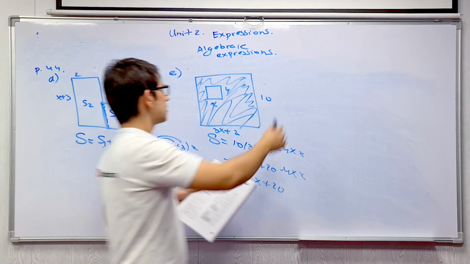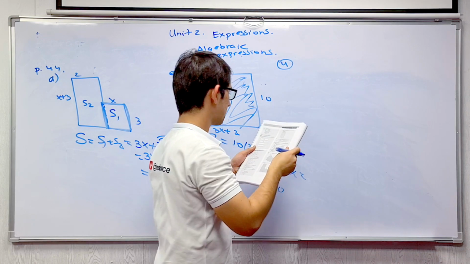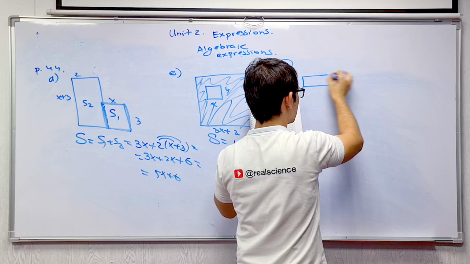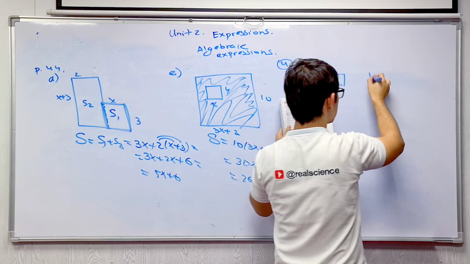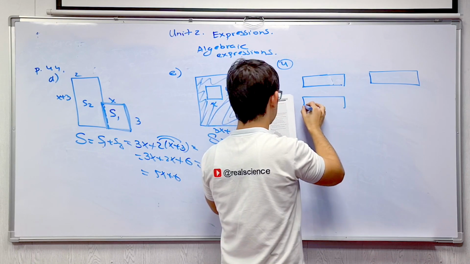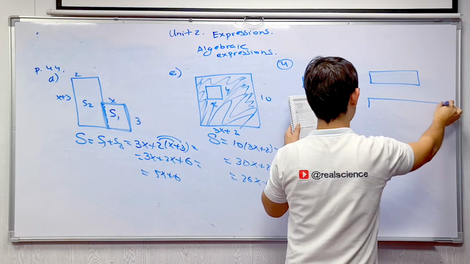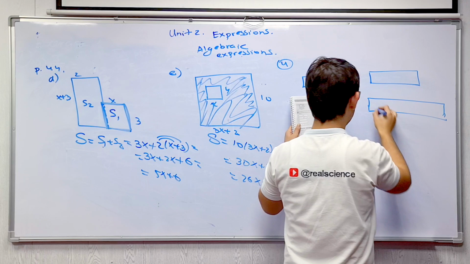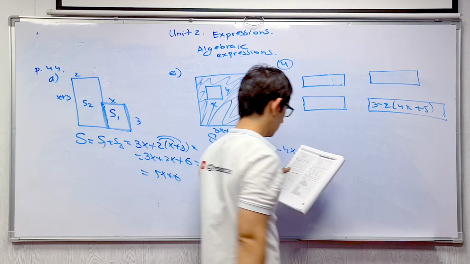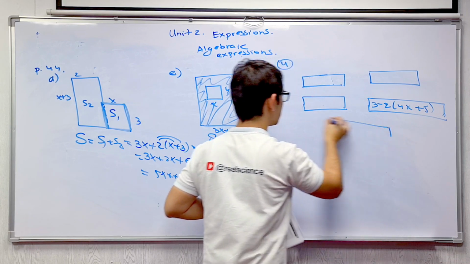Okay, so the next one, 4. So students, you have this kind of shapes, boxes actually, right? They are equal in size, but this one is bigger, and it has numbers 3 minus 2 times 4x plus 5, until here.